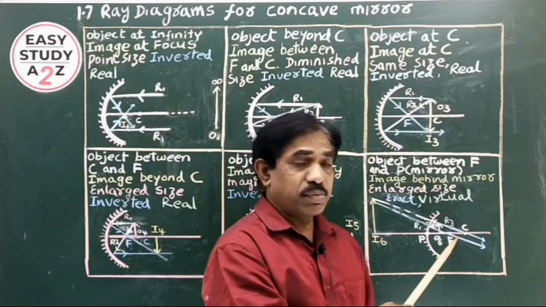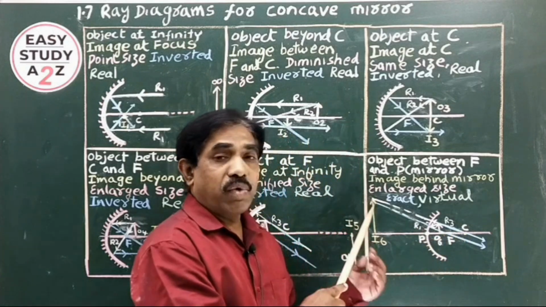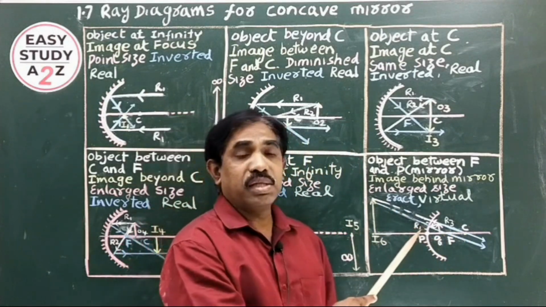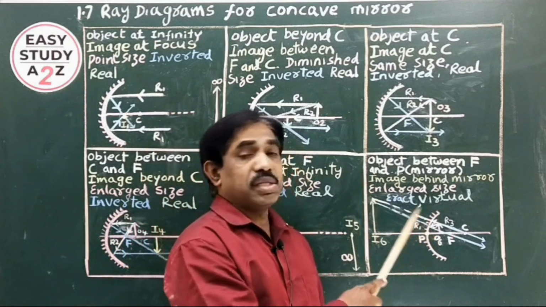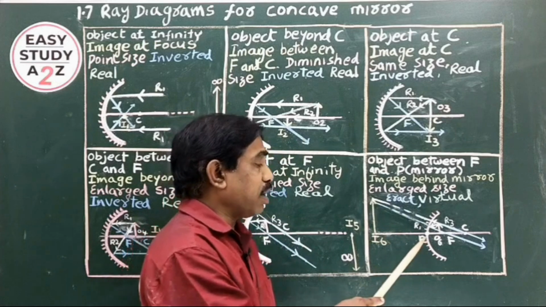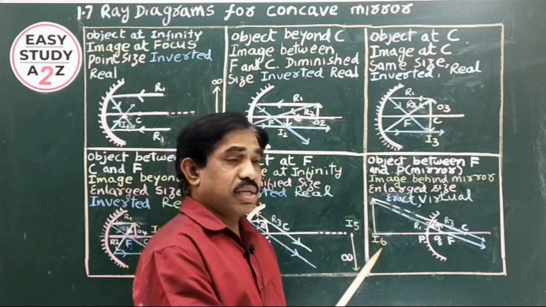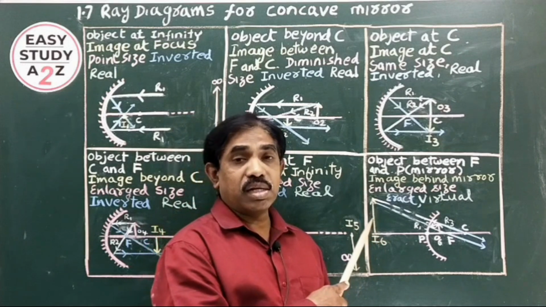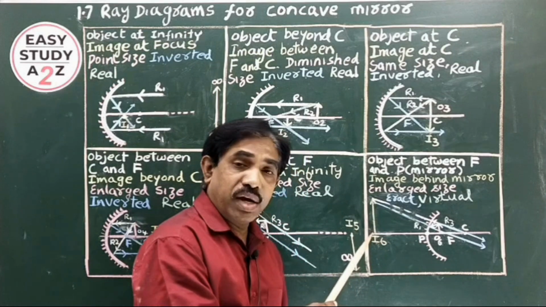Because of these reflected rays, we extend them backwards, and we imagine that the image is appearing behind the mirror, and the image is I6. The image is larger and bigger, or we can say the image is magnified.